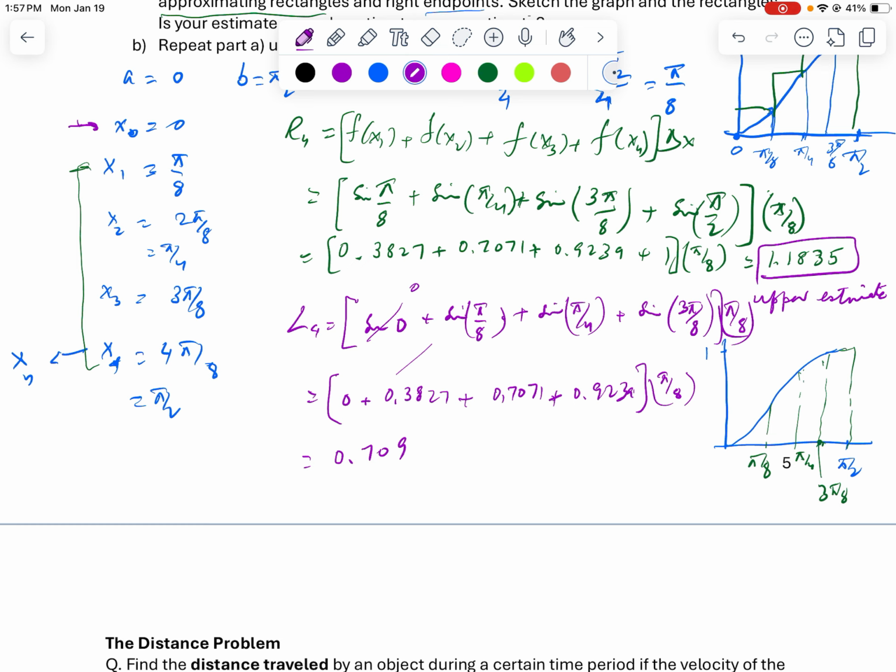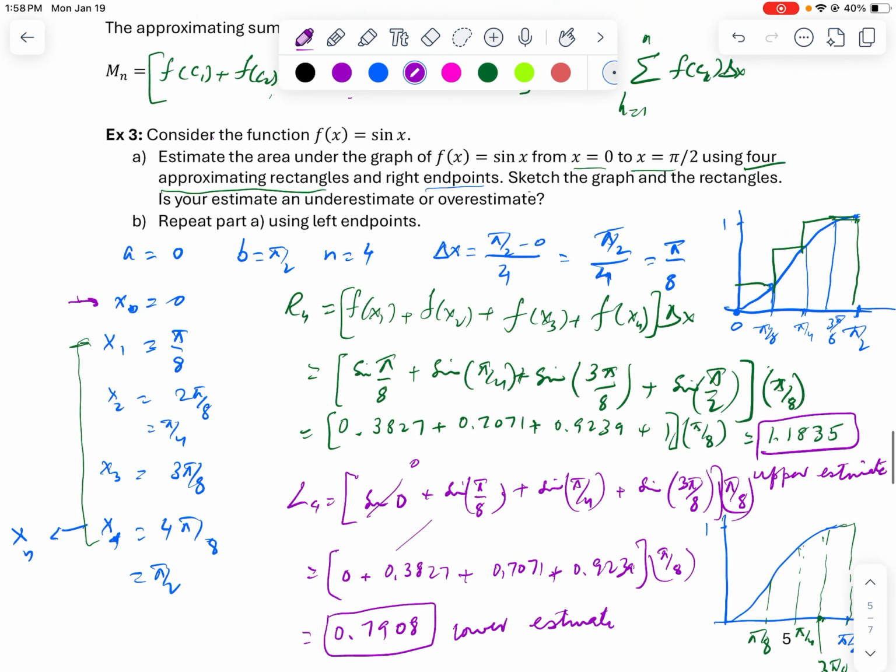So this is the lower estimate, or underestimate.